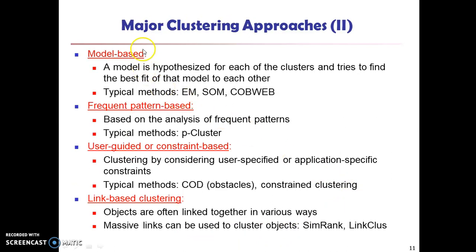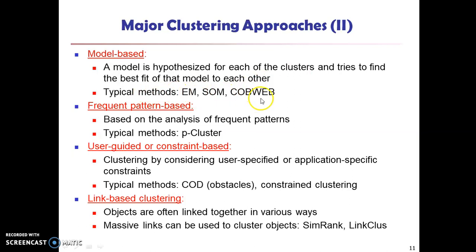There are some other approaches also: model based, frequent pattern based, user guided or constraint based, and link based clusterings. Model based means a model is hypothesized for each of the clusters and we try to find the best fit of that model to the data.